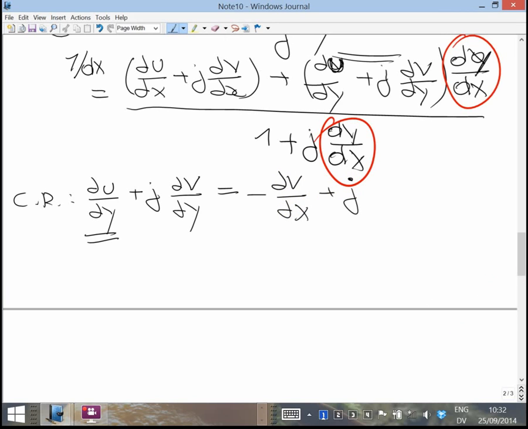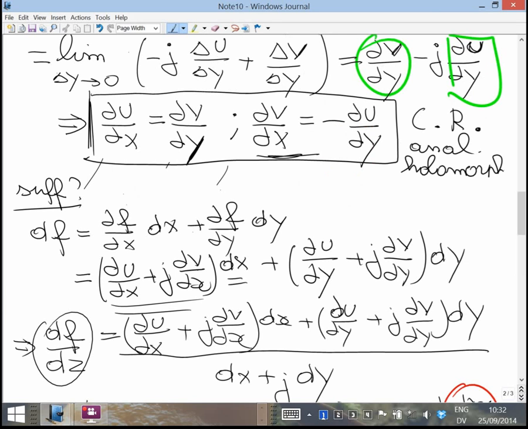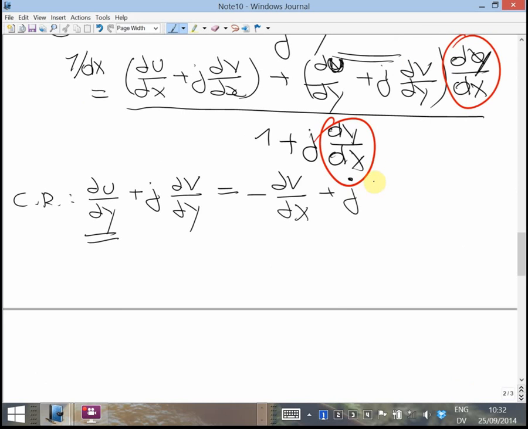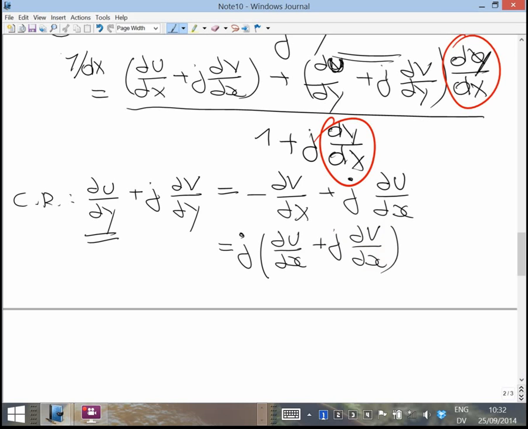And then we have j dv/dy. Looking back here, dv/dy is equal to du/dx. Then we can just bring j out of our brackets to have du/dx plus j dv/dx. This is equivalent. Now that we have this, we can simplify what we have upstairs.